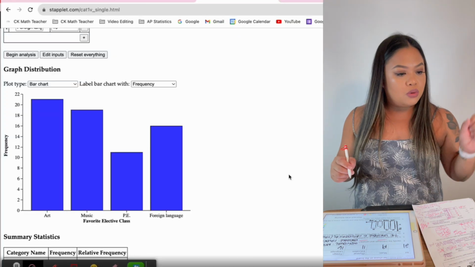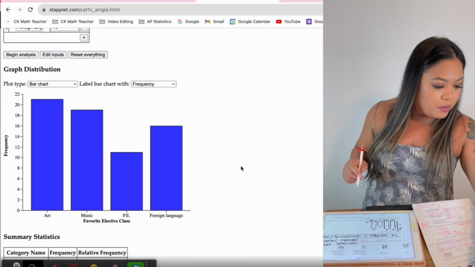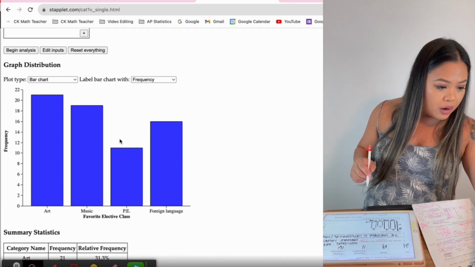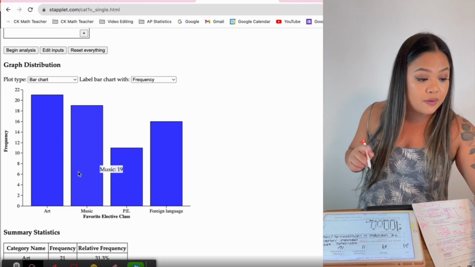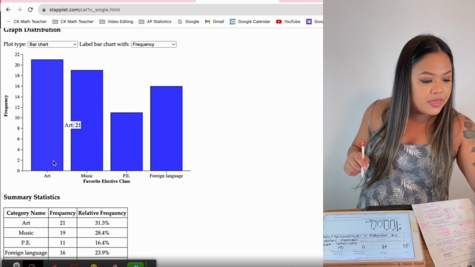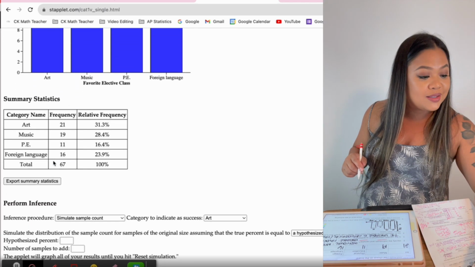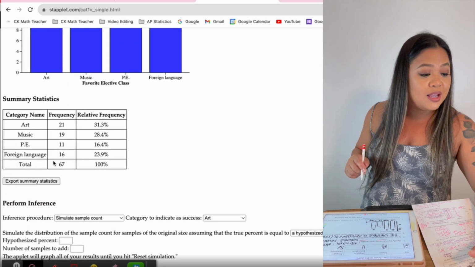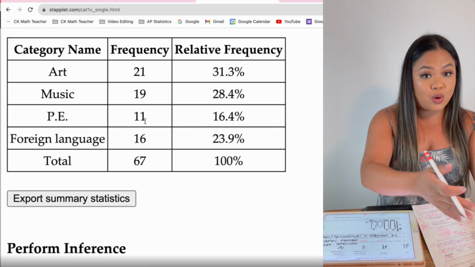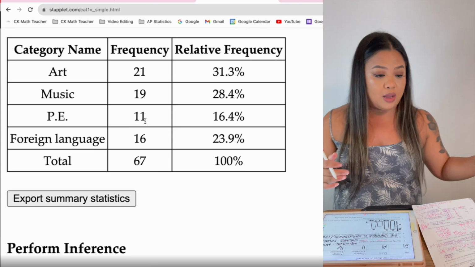All right, so looking at the Staplet app, we've got the nice bar chart there. If you hover over these little bars, it'll give you the numbers that correspond to each elective class. And then if you scroll down, it's going to give you the frequency and the relative frequency, which we talked about last class, as well as a little bit in review in the beginning of this video.